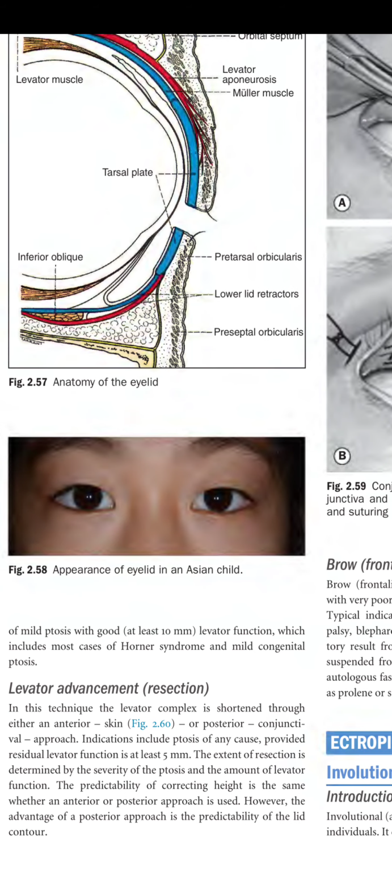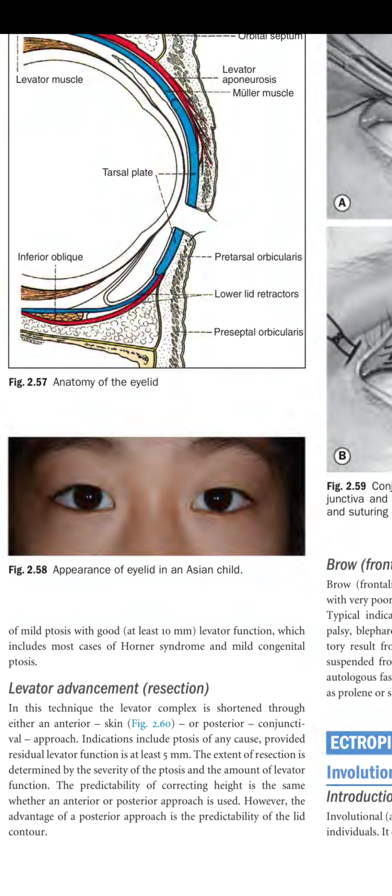Next is the levator advancement or resection. In this technique, the levator complex is shortened through the anterior skin or posterior conjunctival approach. Indications include ptosis of any cause, provided residual levator function is at least 5 mm.